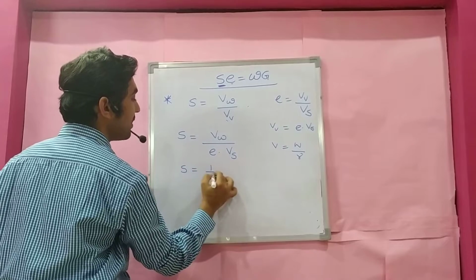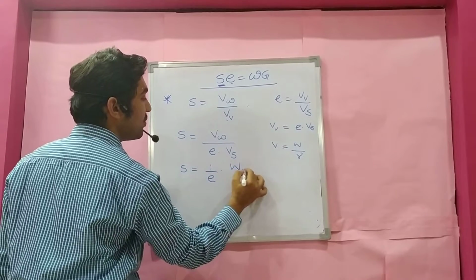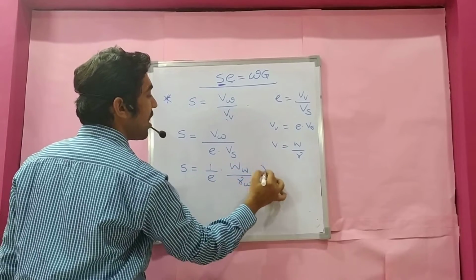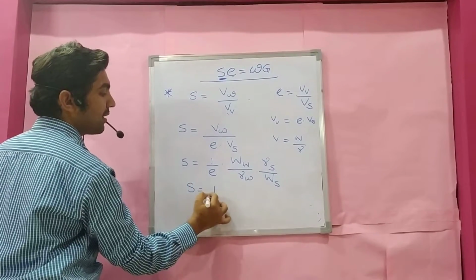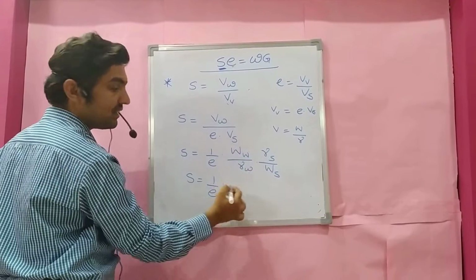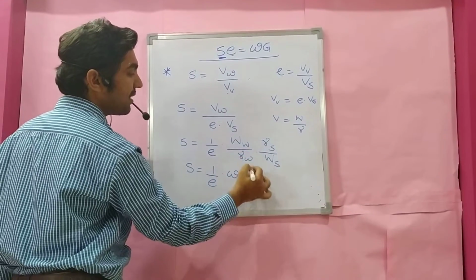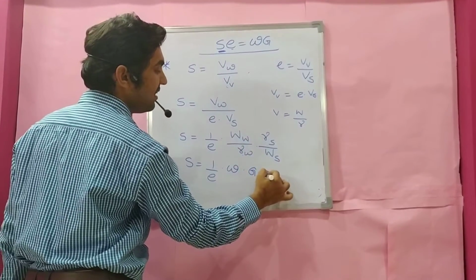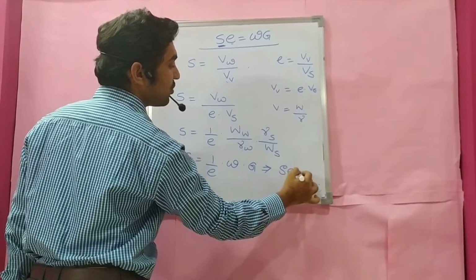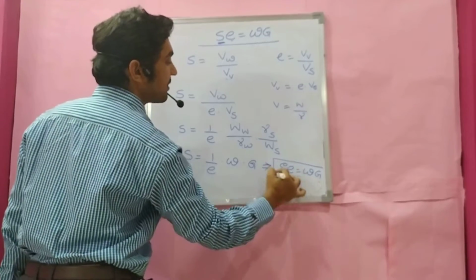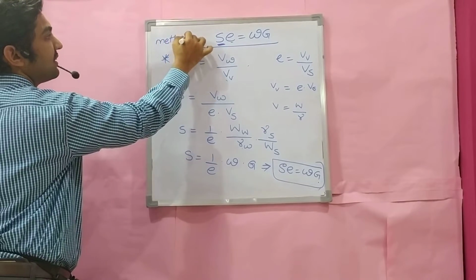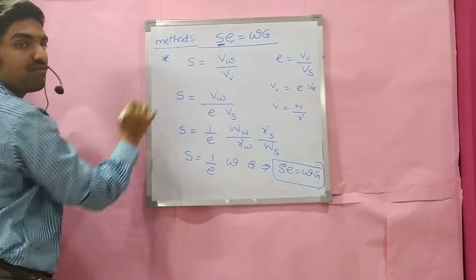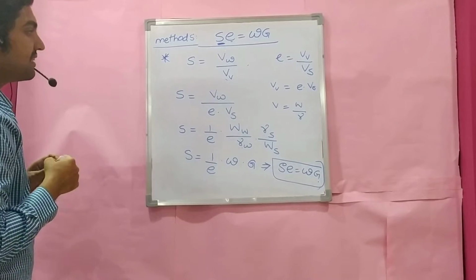S is equal to 1 by e into Ww by gamma w into gamma s by Ws. S is equal to 1 by e, Ww by Ws is water content, and gamma s by gamma w is specific gravity. So Se is equal to wG. This is method number 5. Earlier we have discussed 4 methods.